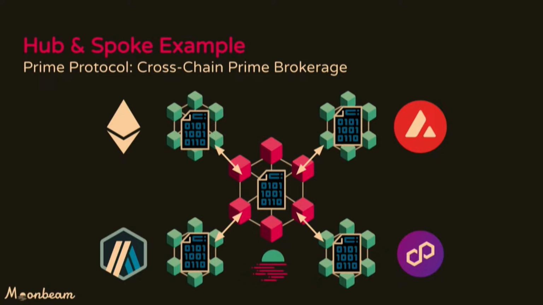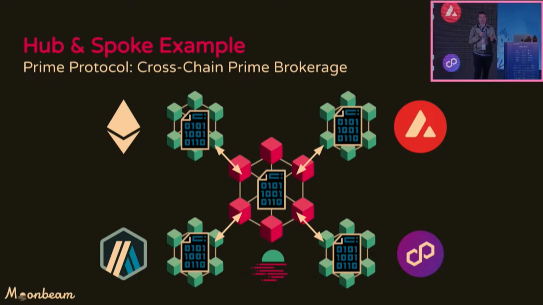And so the brains of Prime Protocol that are managing the liquidation decisions, that are managing how much collateral you need to have, all of that's happening on Moonbeam. And then in the case where you need to post more collateral, or the case where you need to be liquidated, the decision would be propagated from Moonbeam out to the satellite smart contract, which could be Ethereum, Avalanche, Polygon, Arbitrum, and there are several others that Prime is working with, and that is quite cool.